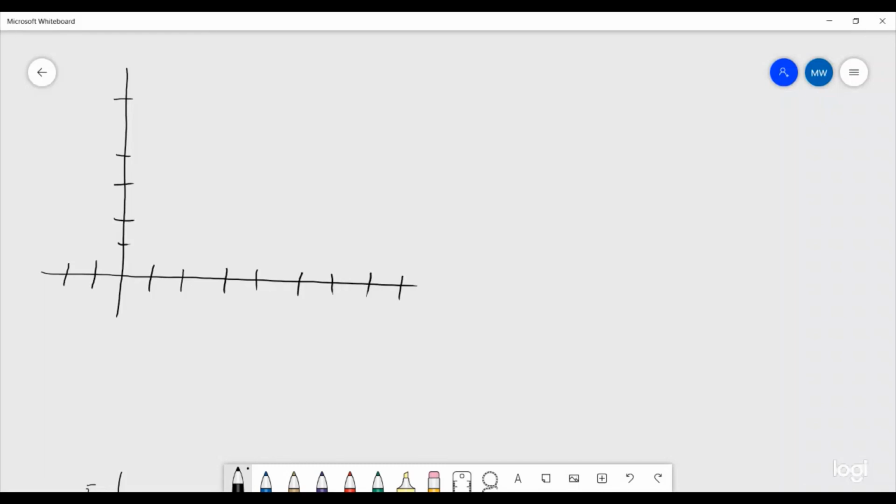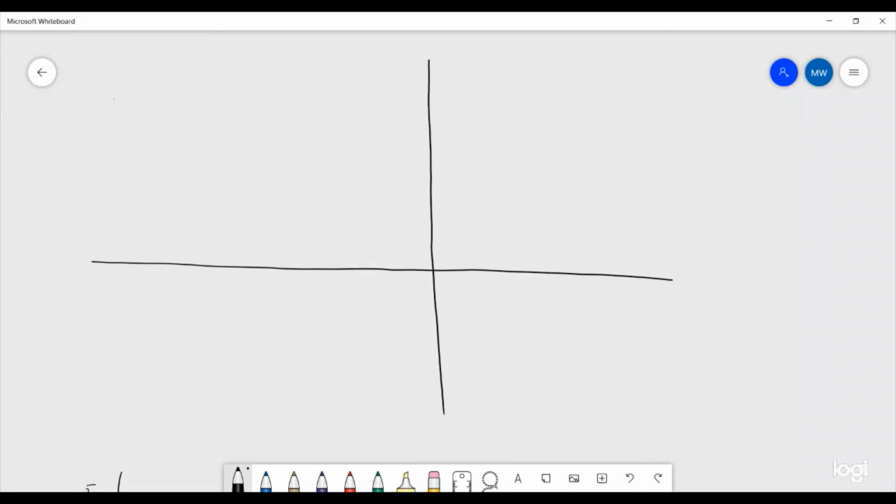Doubling my scale. Okay. Actually, let's just make it a bit more normal. Alright. 1, 2, 3, 4, 5, 6, 7, 8. 1, 2, 3, 4, 5, 6, 7, 8. -1, -2, -3, -4, -5. 1, 2, 3, 4, 5, 6.